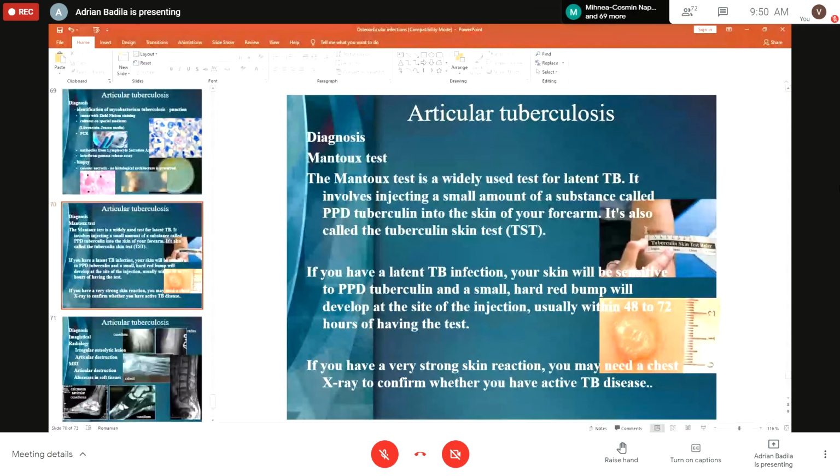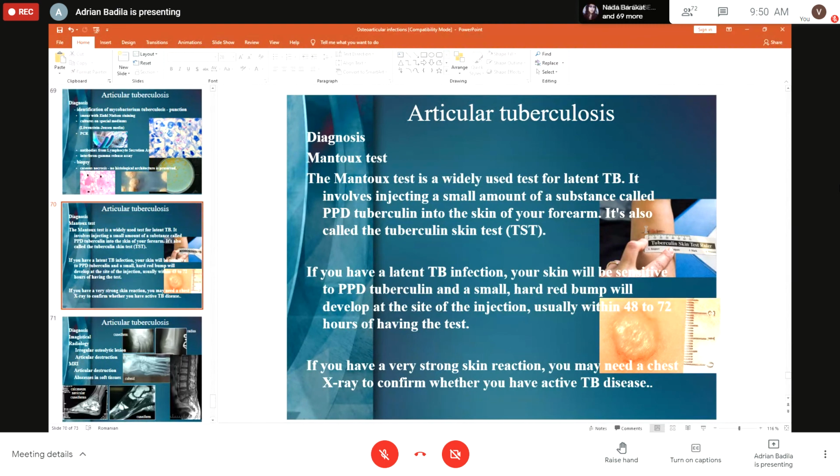So after the injection of the tuberculin in the skin of the forearm, you can have 3 instances. No reaction. That means that your vaccine is no longer active. You are not protected against tuberculosis. In most cases, a small reaction.